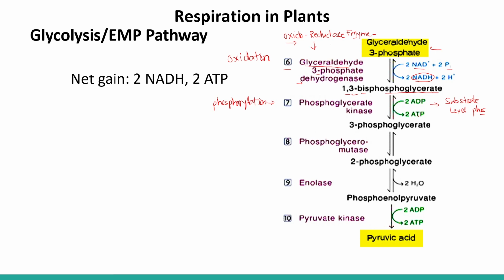It is the formation of ATP from ADP, or GTP from GDP, by the transfer of the phosphate group from a high energy compound to the ADP or the GDP. This is known as substrate level phosphorylation.